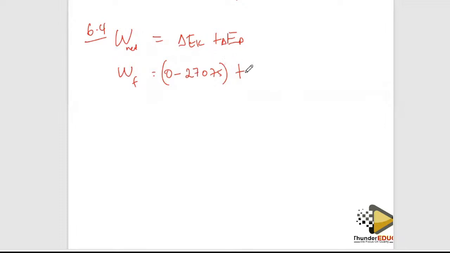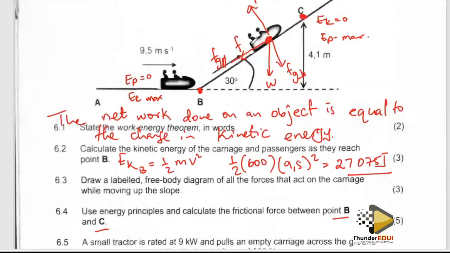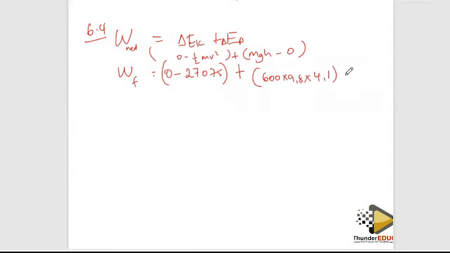Let's start like that. This is MGH minus something like that. So I'm getting my 600 times 9.8 times our height, which is 4.1, and then subtract the 0, which is not going to have any effect. That's negative 27075 plus 600 times 9.8 times 4.1.